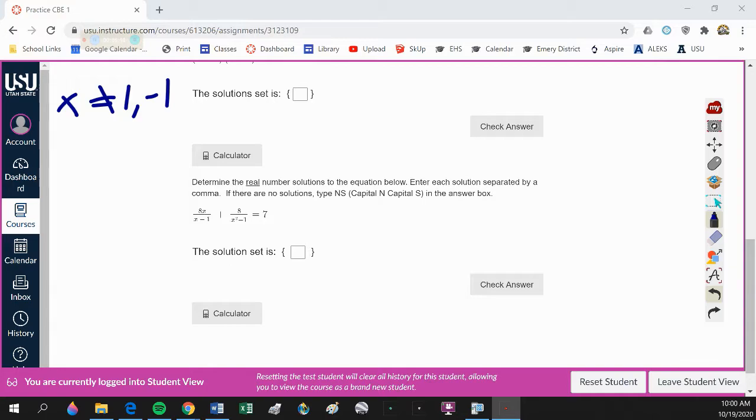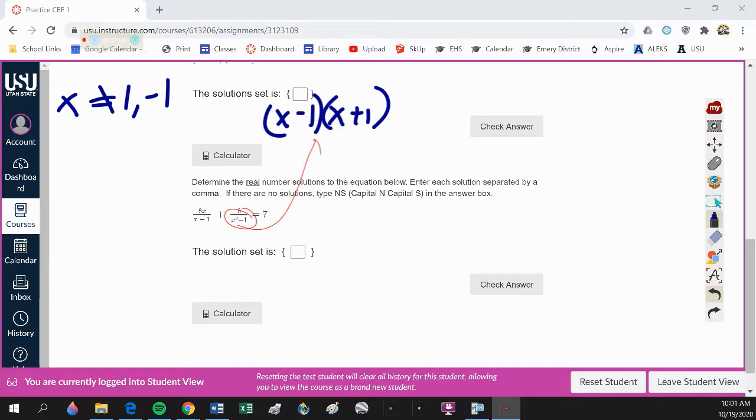Okay, how do we solve this? We need a common denominator. The common denominator is going to be x minus 1 and x plus 1. So this factors into that. Right?